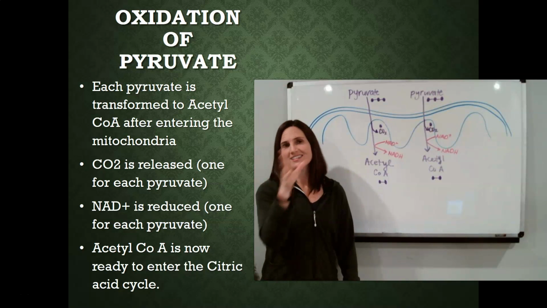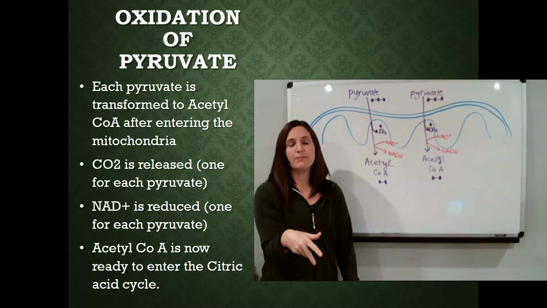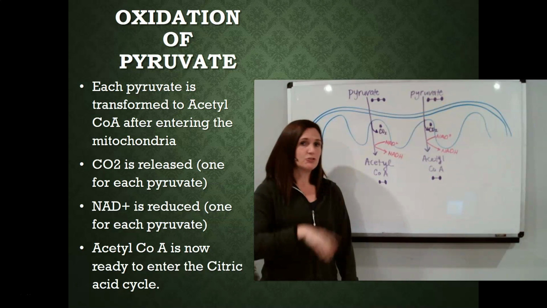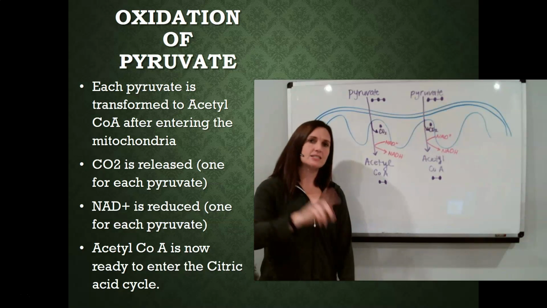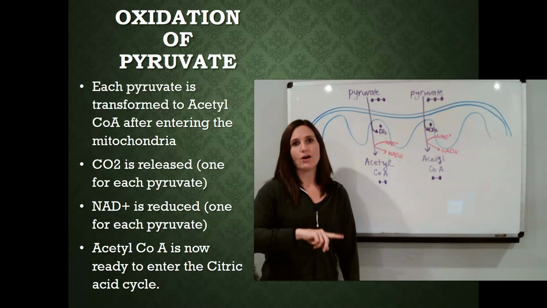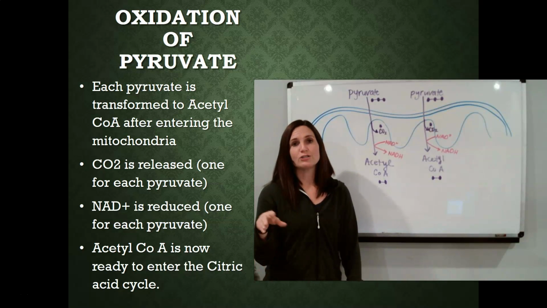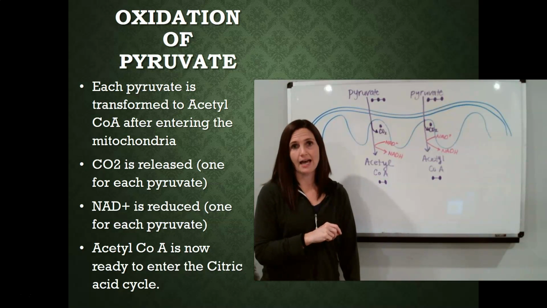Just like we said pyruvate can be pyruvic acid, the citric acid cycle can be called the Krebs cycle, and the Krebs cycle is the citric acid cycle. Those are the same term. They're just different names for the exact same process inside of the cell.